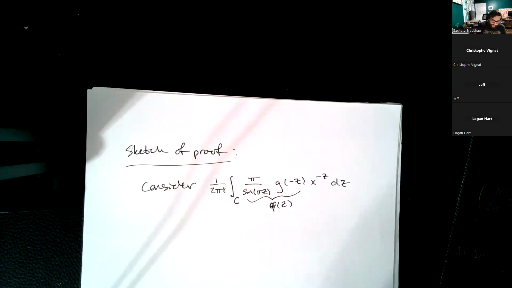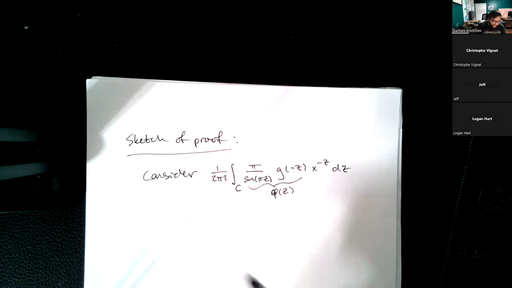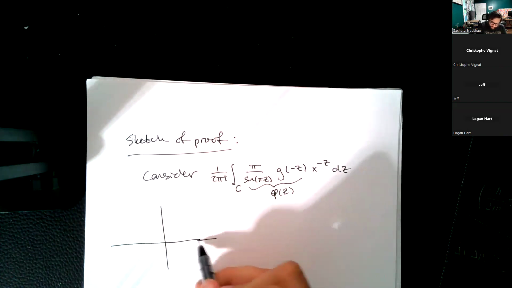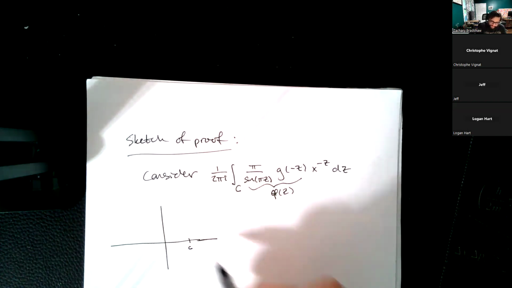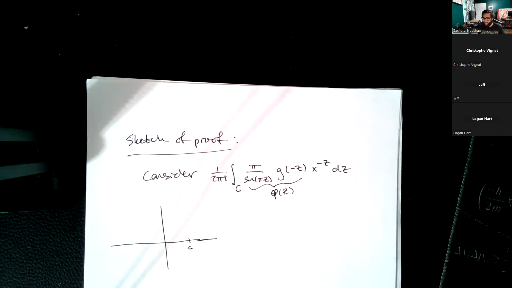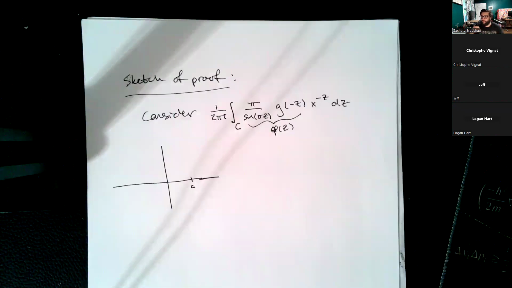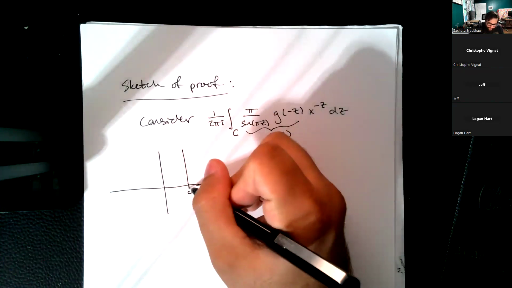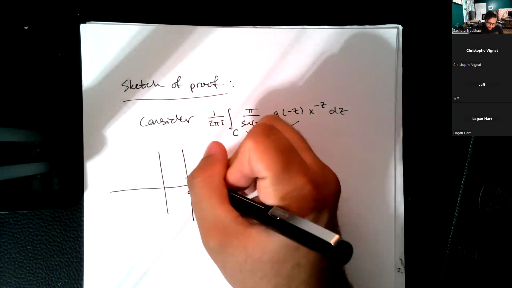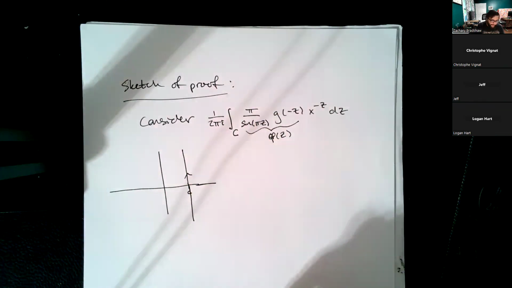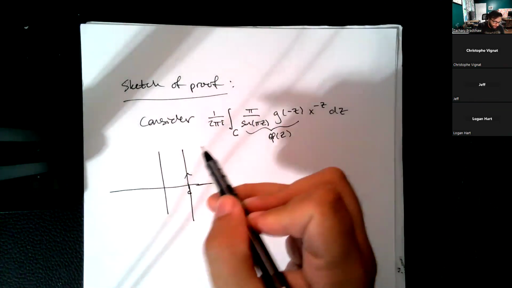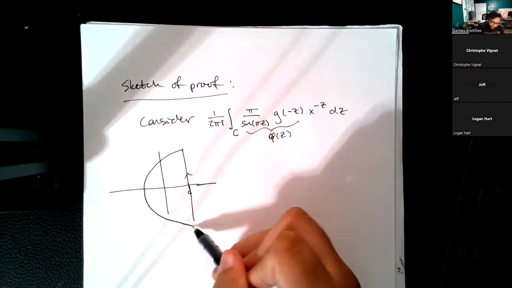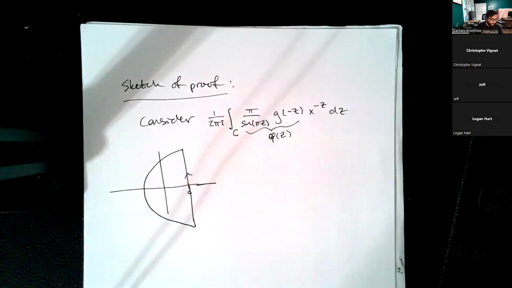Okay, so C here is going to be the left semicircle contour. So little c, let's say it's this guy here. Little c is the little c that appears in the inverse Mellin transform. So remember the contour for the inverse Mellin transform is this vertical line here, like this. And now what we're going to do is complete the contour by a semicircle that goes into the left half plane.